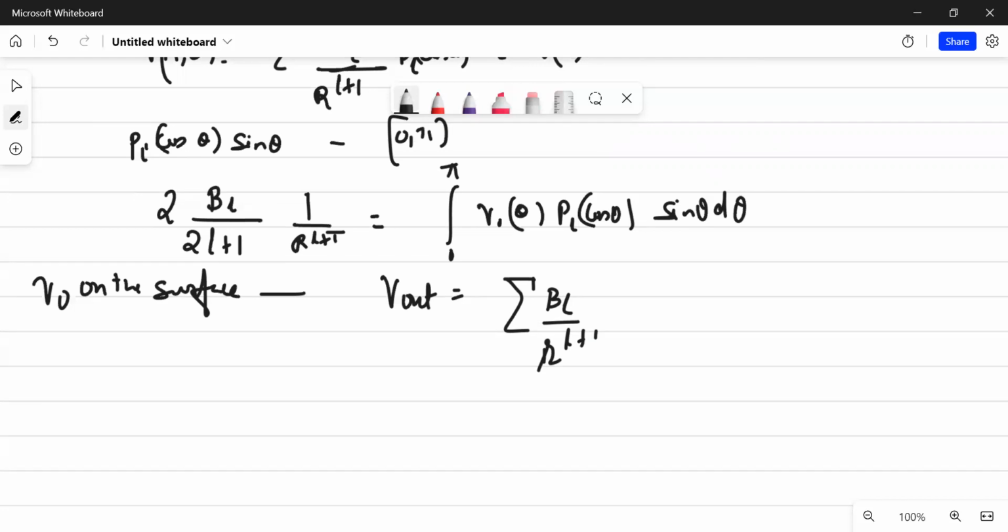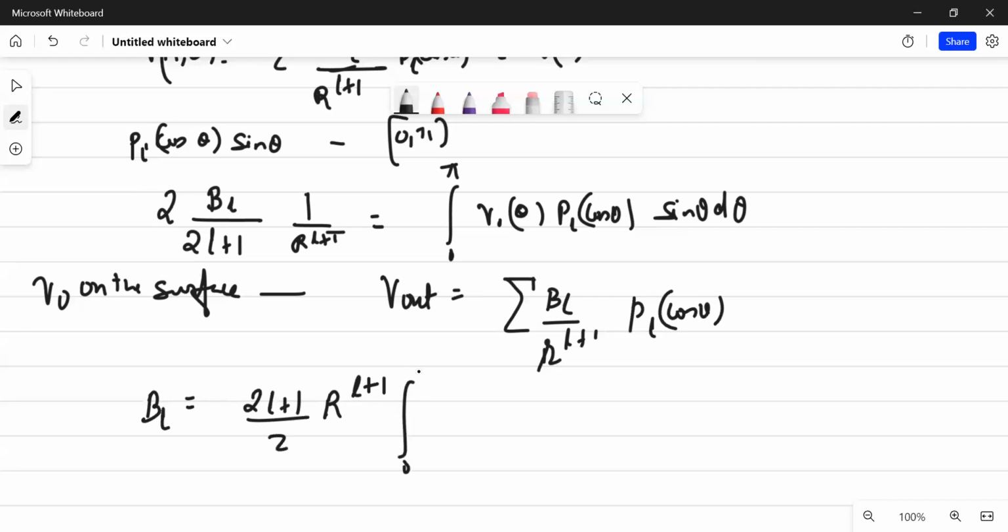So it will be the summation of BL upon R raised to power L plus 1, PL cos theta, where your BLs are given by 2L plus 1 upon 2 R raised to power L plus 1, times the integration from 0 to pi of V naught theta, PL cos theta, sin theta d theta.